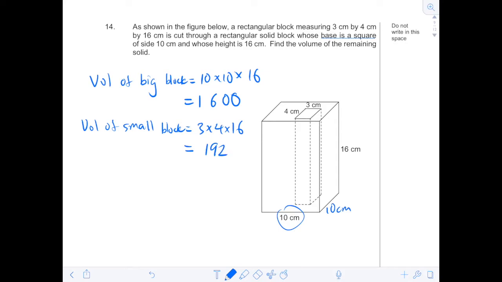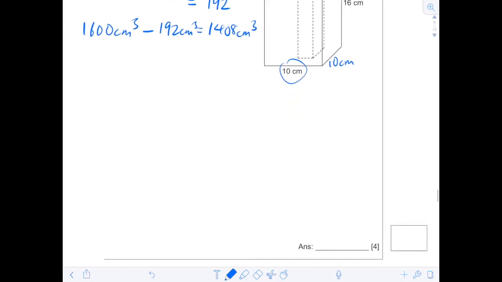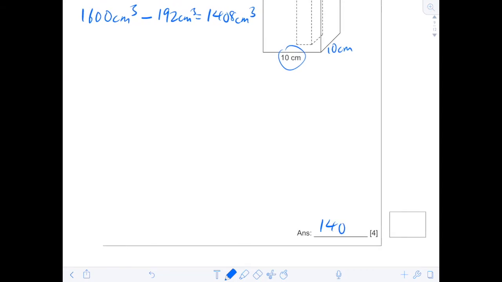Lastly, you just have to minus off. Take the 1600 cubic cm minus the 192 cubic cm. You get 1408 cubic cm. Again, please remember to write your final statement: 1408 cubic cm, and don't forget your units.